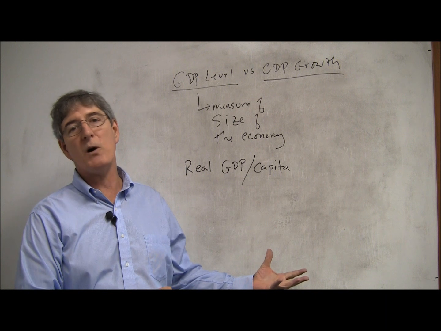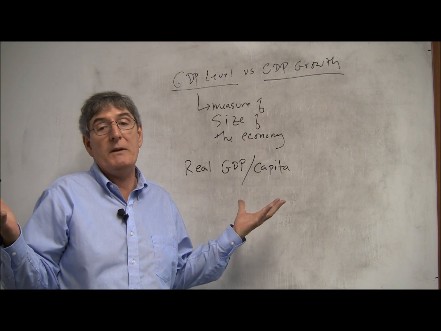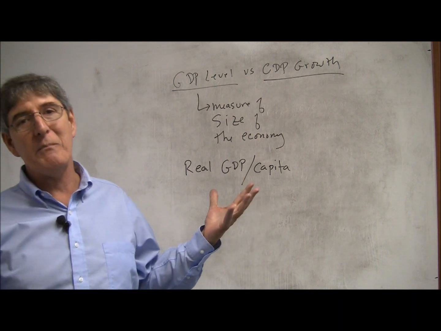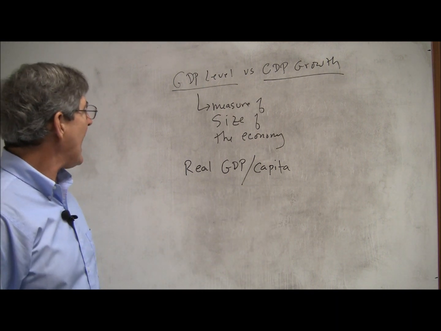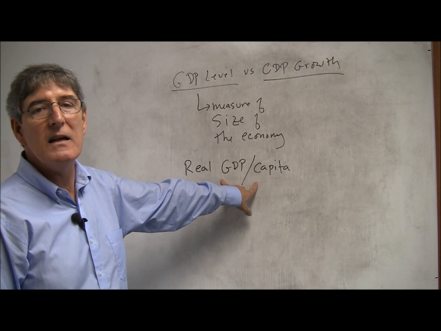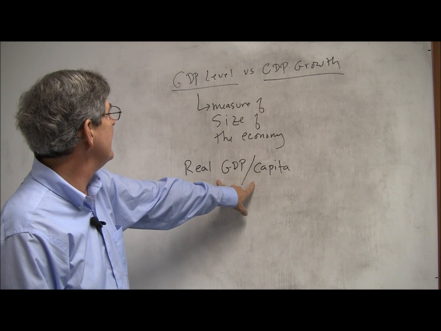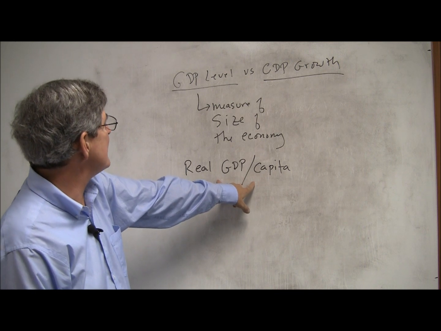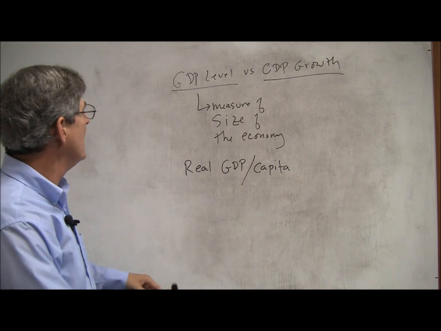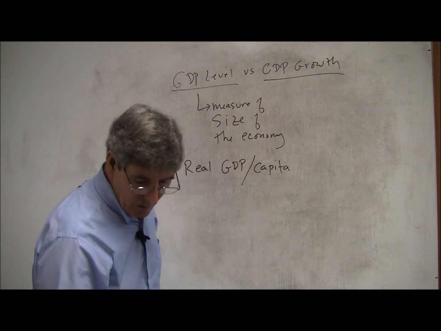Their GDP per person is way lower than the US's because they have more GDP, but they also have a heck of a lot more people. And so GDP per capita is usually a much better measure of the standard of living. So when we want to talk about the standard of living, it's GDP per capita that we're interested in. If we want to know how that standard of living is changing over time, we're going to want to know how real GDP per capita is growing or not growing.